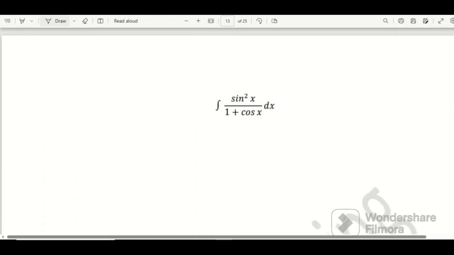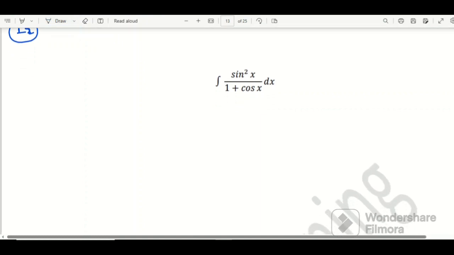And this is 12th number question. Here we can break this thing using the 1 plus cos 2 theta identity, 1 plus cos 2 theta equal to 2 cos square x.